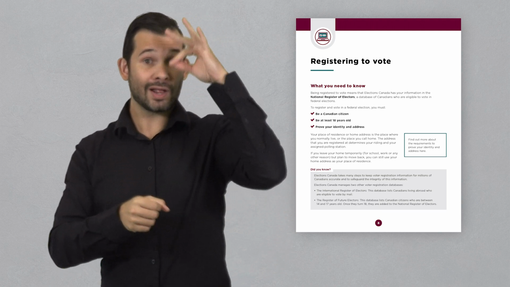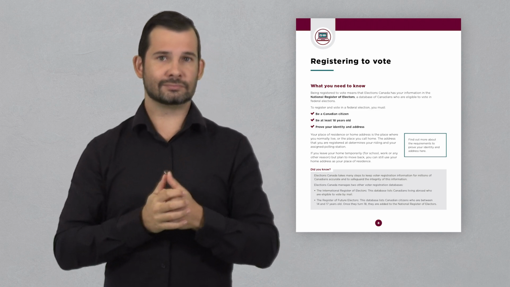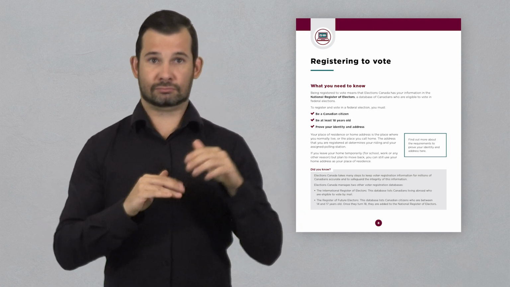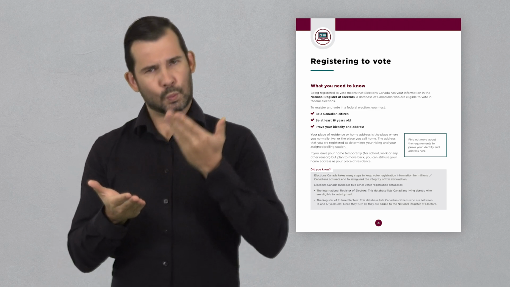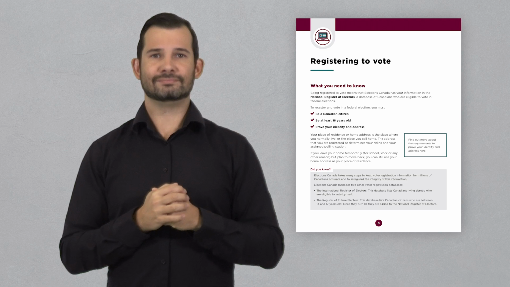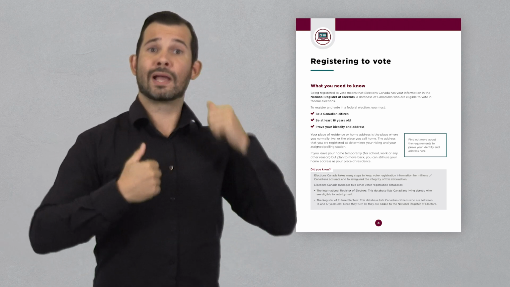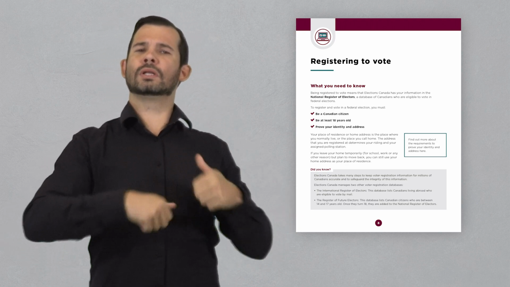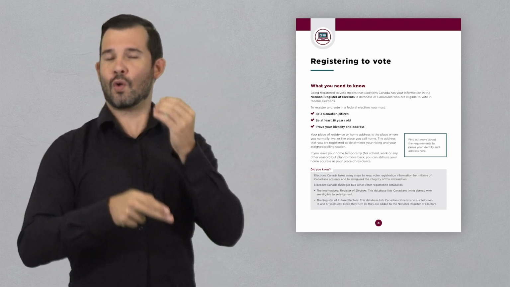To register and vote in a federal election, you must be a Canadian citizen, be at least 18 years old, prove your identity and address. Your place of residence or home address is the place where you normally live, or the place you call home.